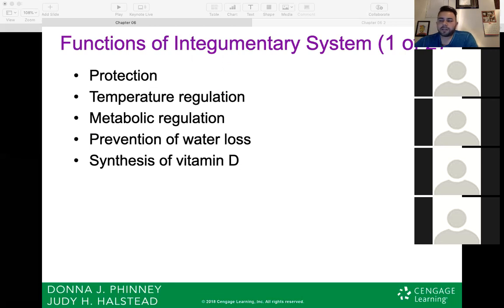So some functions of the integumentary system include protection from foreign invaders, temperature regulation, metabolic regulation, prevention of water loss, and the making or synthesis of vitamin D. So what types of things make up the integumentary system?